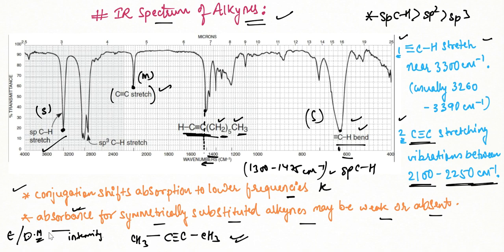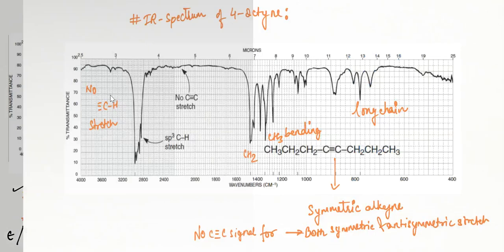These are very interrelated terms and they can be asked in an MCQ question very easily. So absorbance for symmetrically substituted alkynes may be weak or absent because of very low dipole moment. Yes, we know that. Now we are going to move further and see some examples.